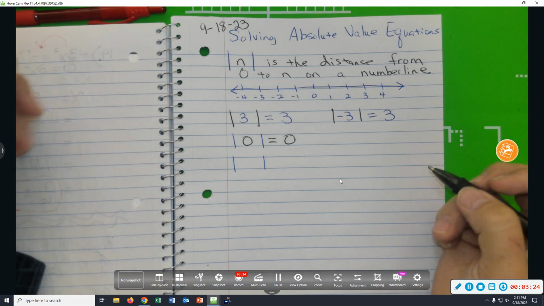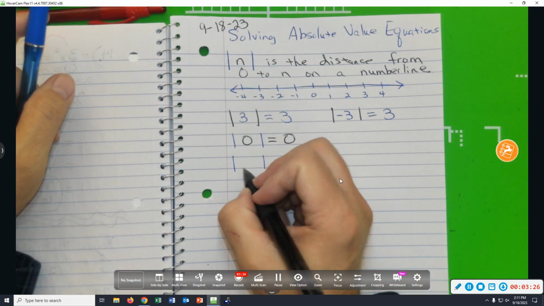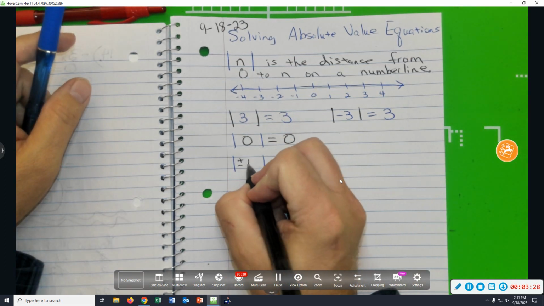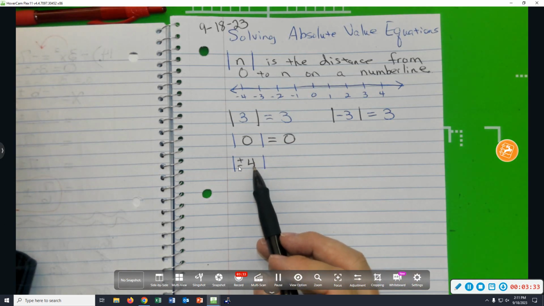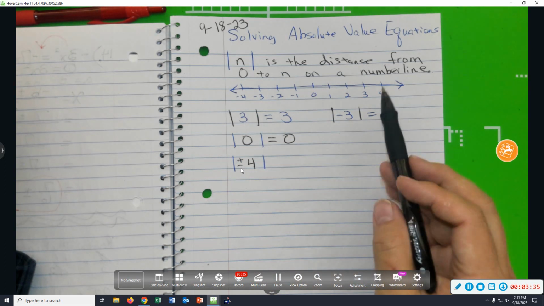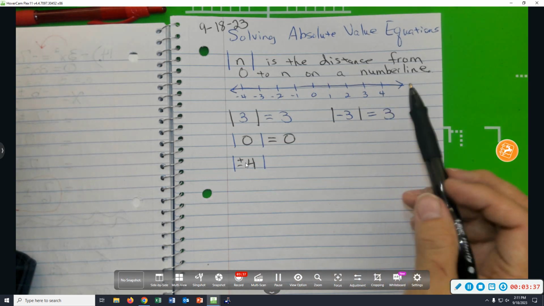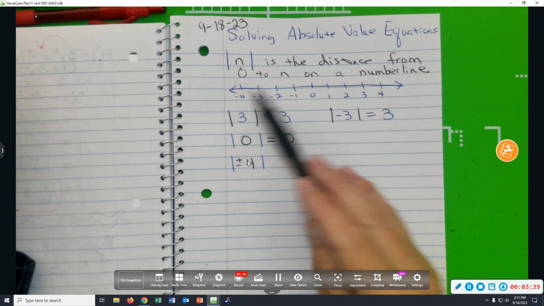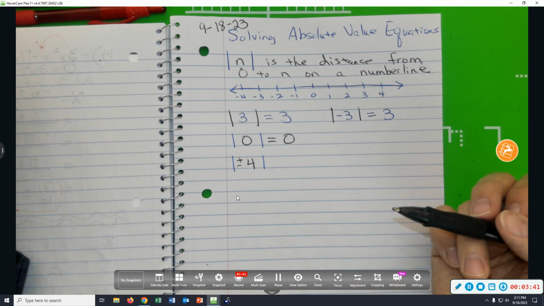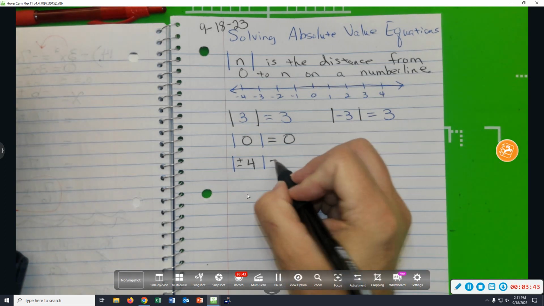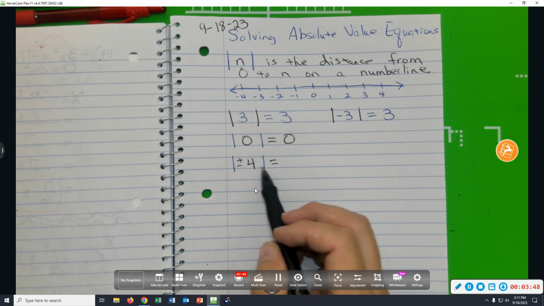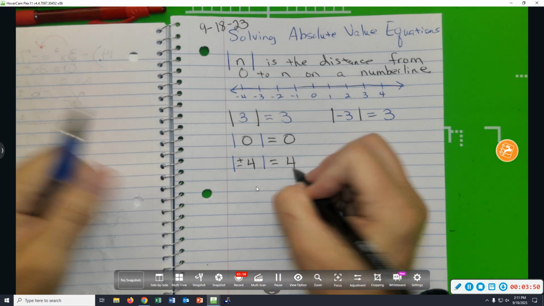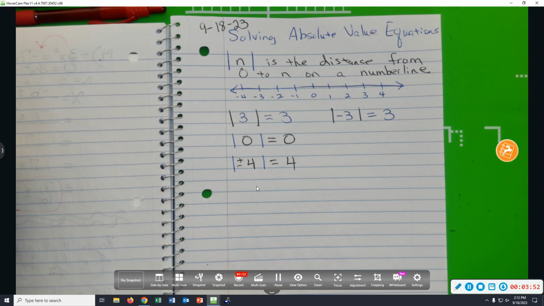Before we state a rule, let's do one more. Whether we're looking at positive or -4, it doesn't matter. Whether you're looking at -4 or +4, what is the distance of those two numbers from 0 on the number line? 4. So I think we can convince ourselves that whether the stuff inside there is positive or negative, once you take the absolute value, what sign is it going to have?